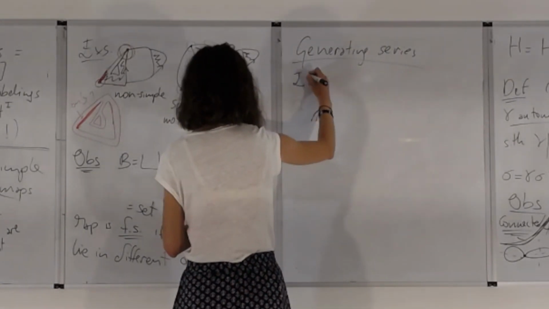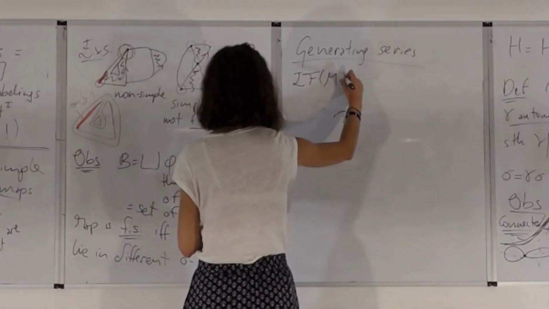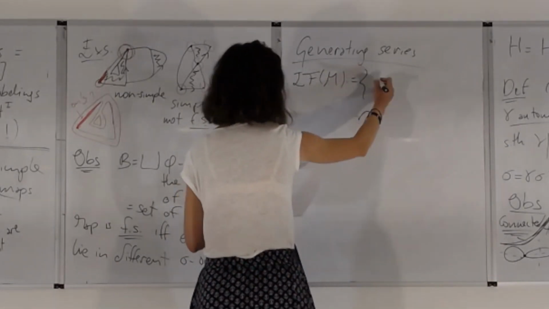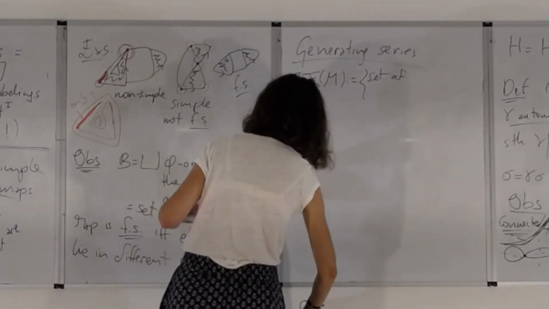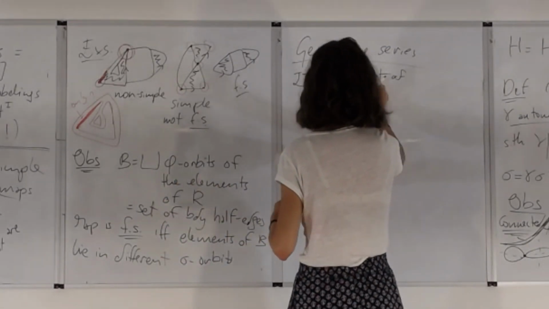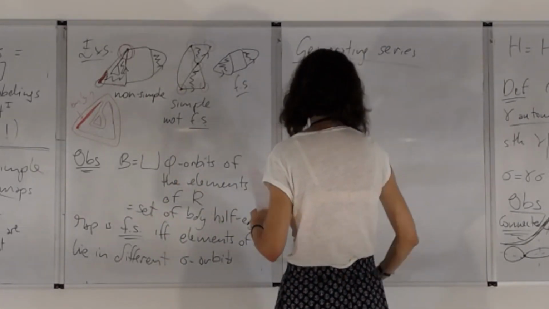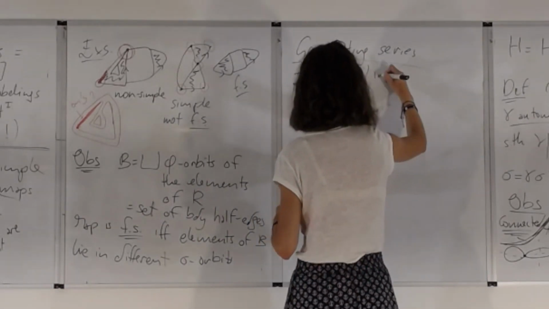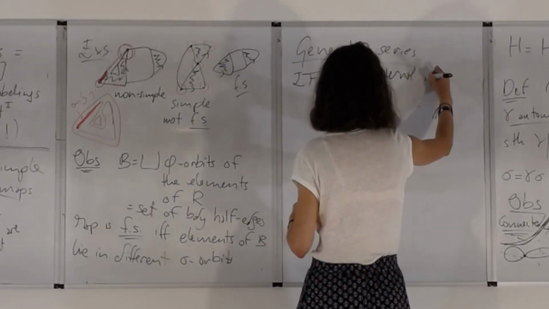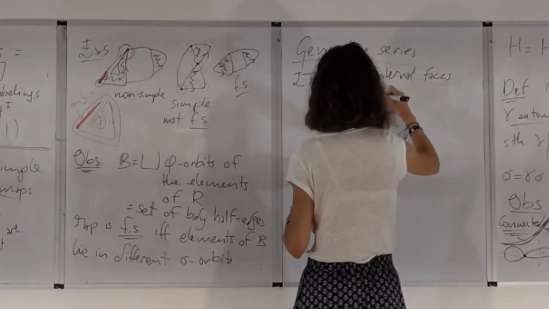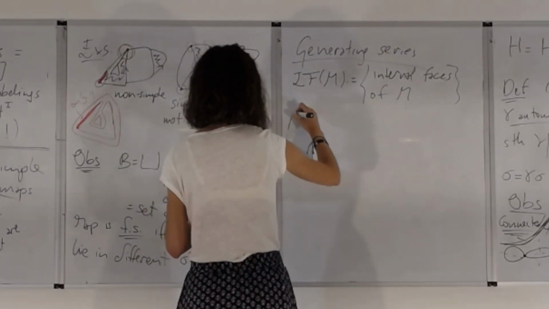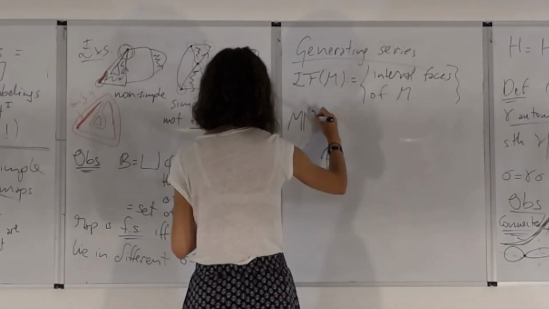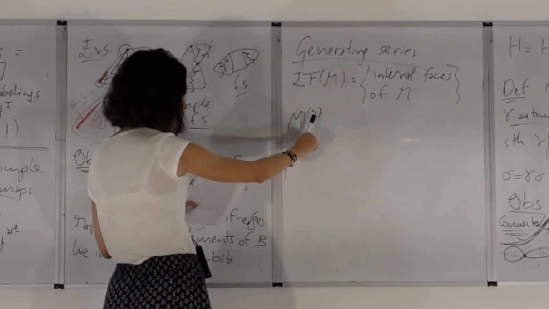So we consider IF of M to be the set of internal faces of M. Then I'm considering a set of maps in which we fix the topology, g and n.